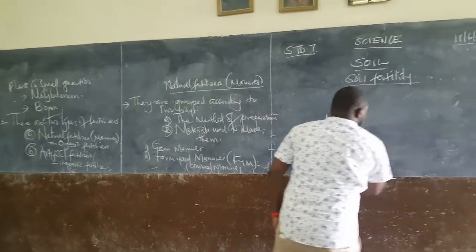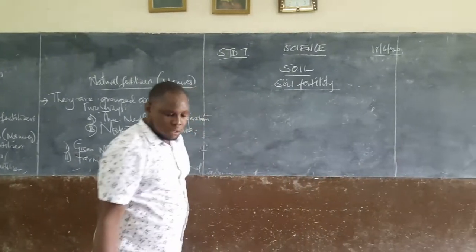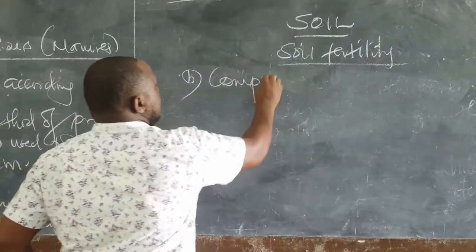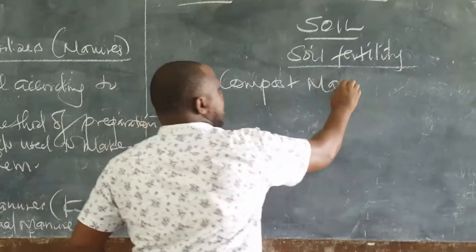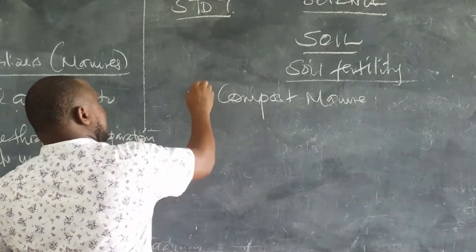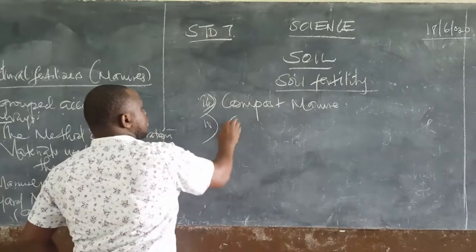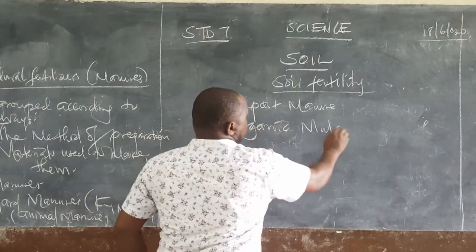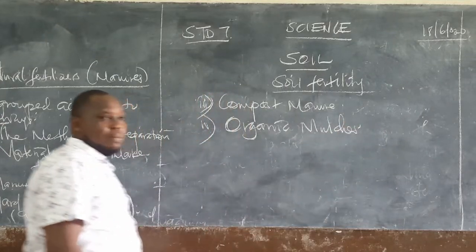Then we have category number 3, which is compost manure. And lastly, we have what we call the organic mulches.